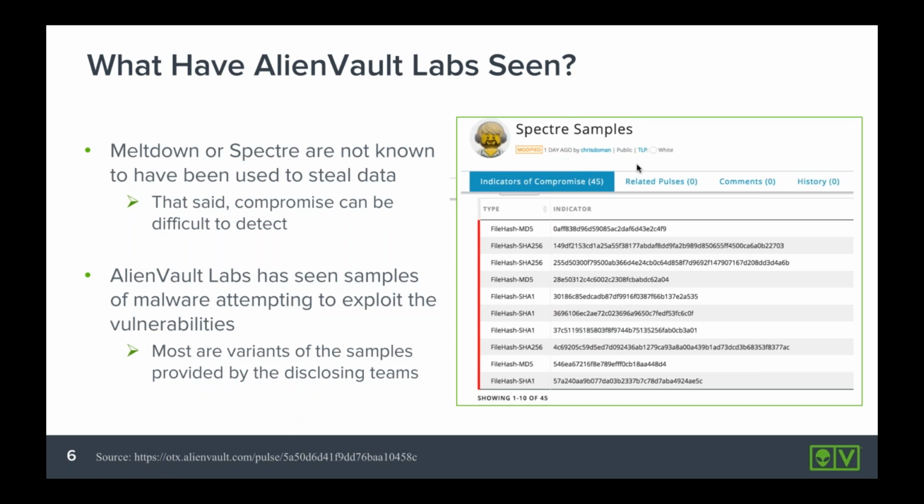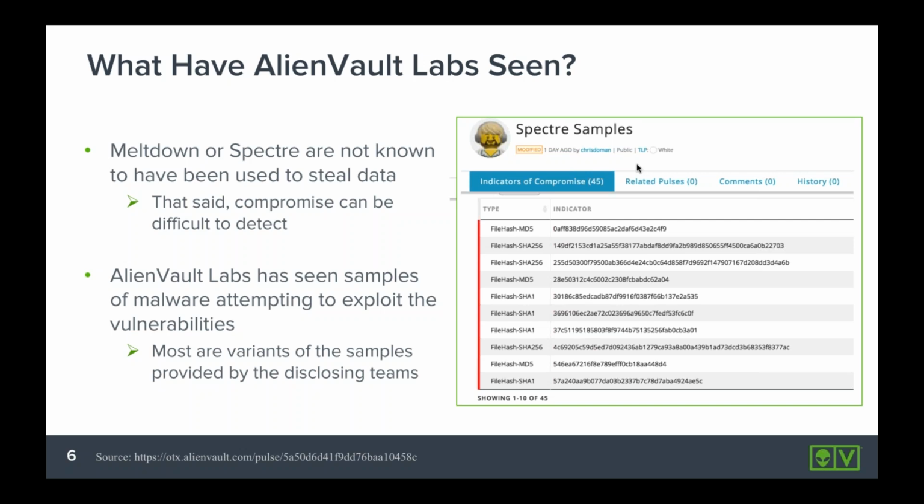And frankly, today, nobody is aware of any attacks that have leveraged these particular vulnerabilities. At the same time, they can be difficult to detect. There are some things that we definitely do within the Alien Vault USM products that will identify various natures of attack, using indicators of compromise, and I'll cover those in just a few moments.